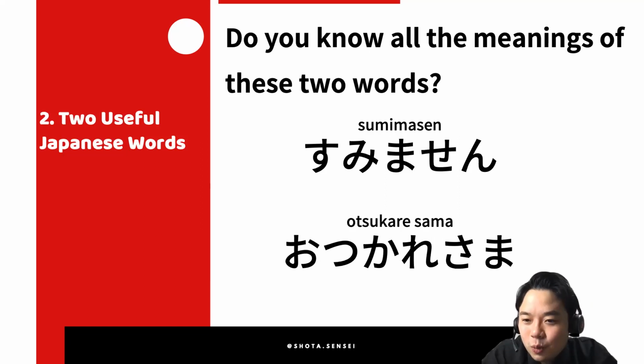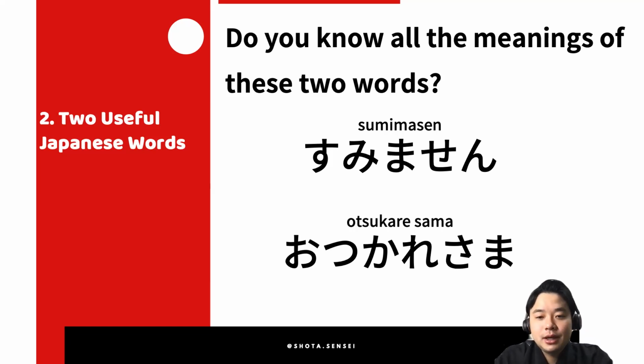Especially if you work in Japan, you will definitely hear these 2 words even more than 20 times a day. I promise you guys. Yeah, that's why I wanted to explain the true meanings of these 2 words. Okay.